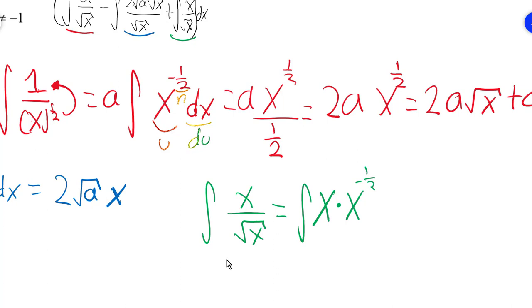All right, and we know that here we have an invisible 1. So whenever we multiply 2 similar terms, all we gotta do is add the exponents. So in this case, 1 minus 1/2 is going to be x to the 1/2.